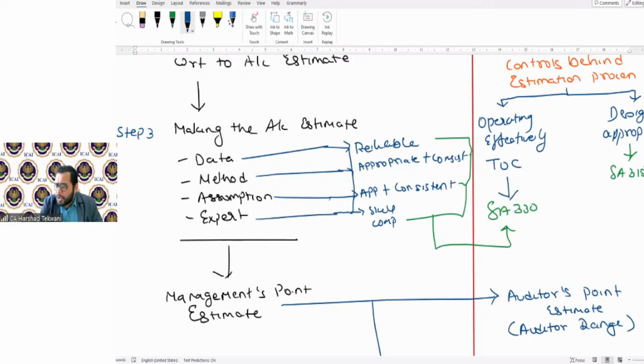Then there is another question with respect to this particular standard. Fair value shall always be on the estimated basis. See, fair value estimates are required in various standards. So we need to see fair value measurements and where they are required, and where we are going for fair value estimates. It depends on a case to case basis.